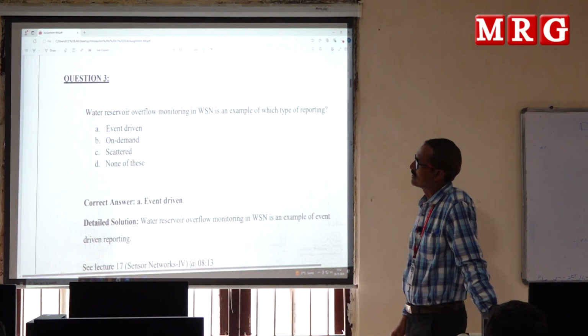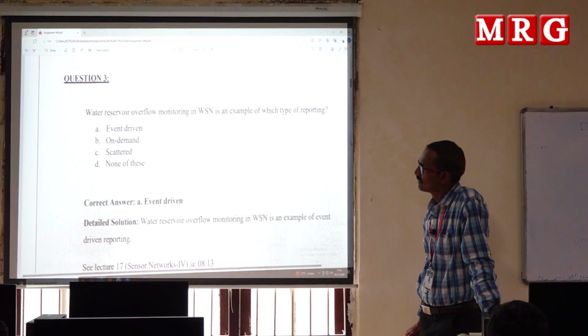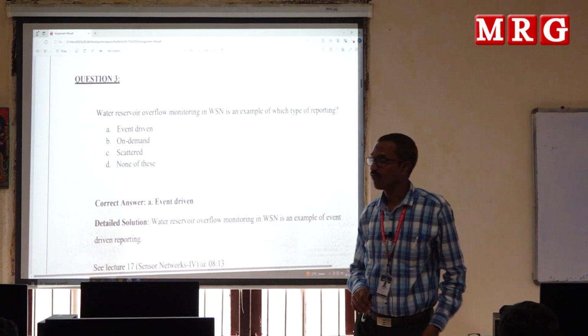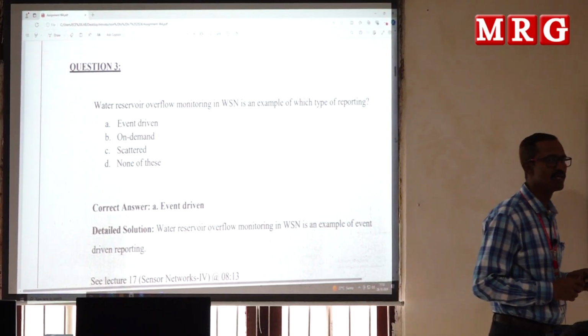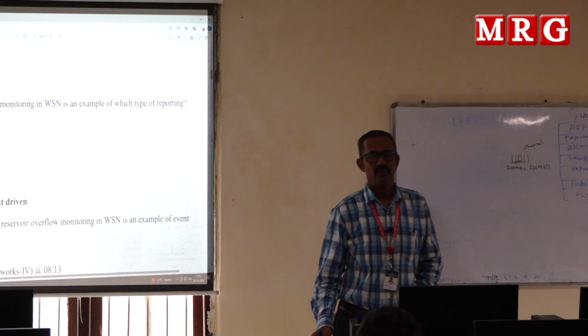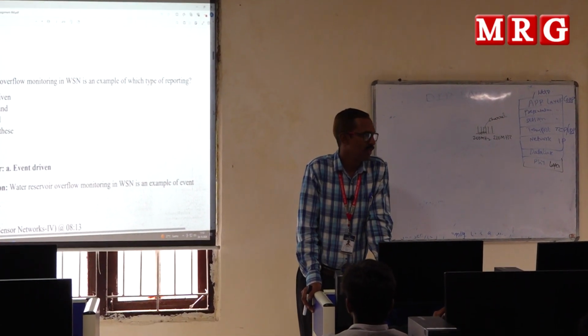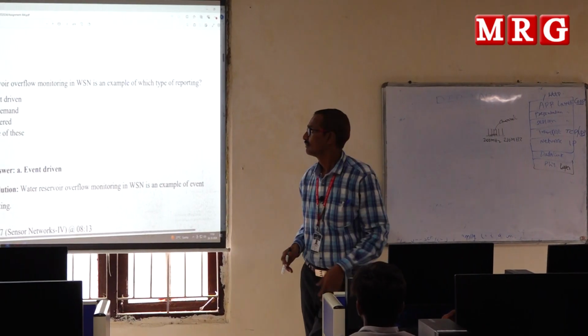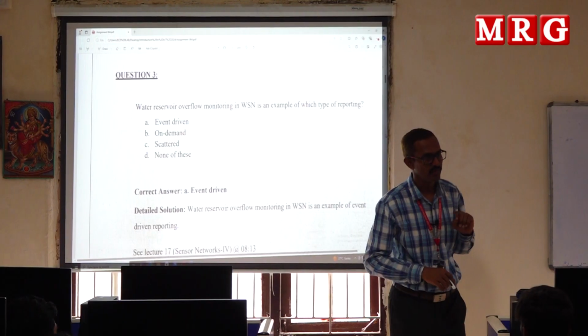Wireless water reservoir overflow monitoring is an example of which type of reporting? Water reservoir overflow monitoring. Suppose there is an application where you have a motor. Water reservoirs means tanks, overhead water tanks at your homes.